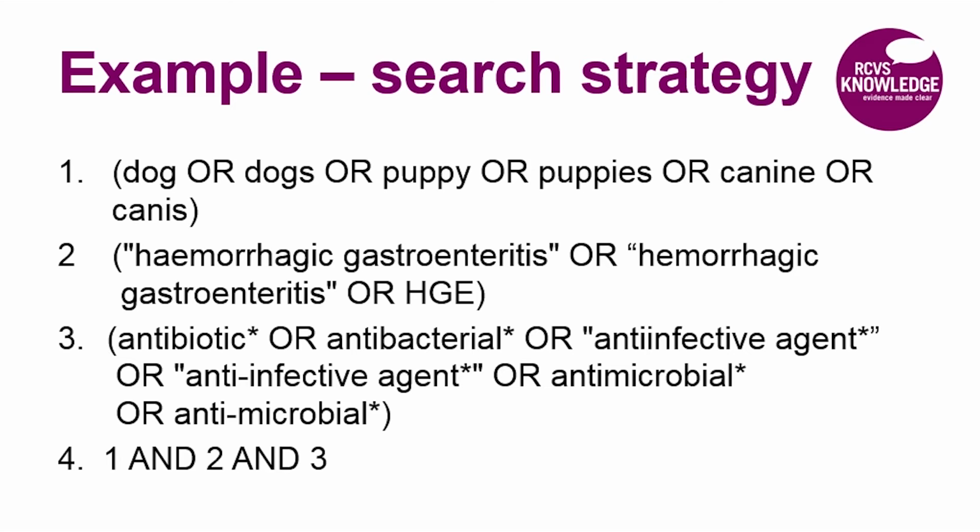So in the end, we're searching on all of those terms to see what we get. I ran that in CAB Abstracts the day before yesterday, and there were 36 results from 1973. If I was doing this for real, and there was more room on the slide, I would probably have put some search terms in there around diarrhea and bloody diarrhea and things like that. But you start somewhere and then you build it up.